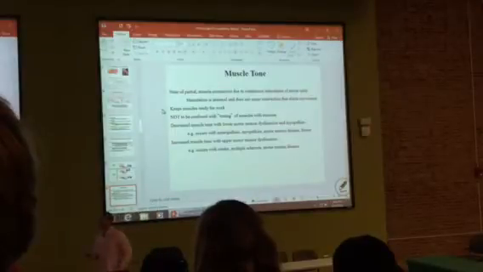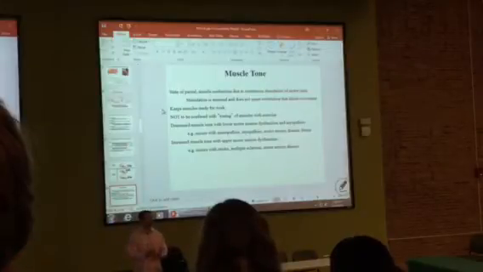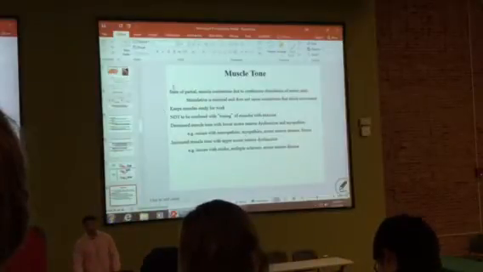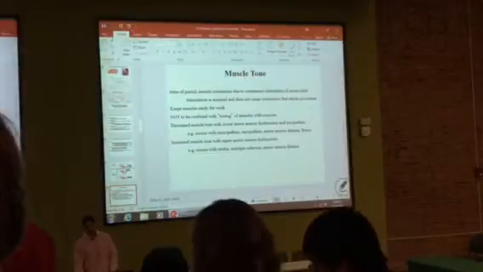This muscle tone that we're talking about, and everybody in this room has the same muscle tone, I'm going to assume, if nobody has any type of neurological or muscle condition, everybody has the same tone. All right? Again, I don't care if you work out or you don't, the tone is the same. What is it? It's the state of partial muscle contraction due to continuous stimulation of motor units. What does that mean?